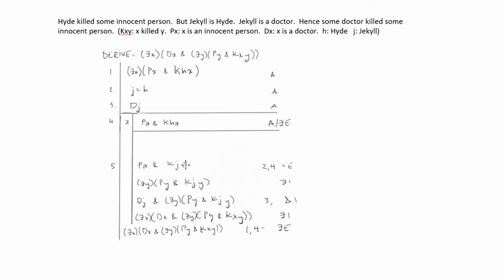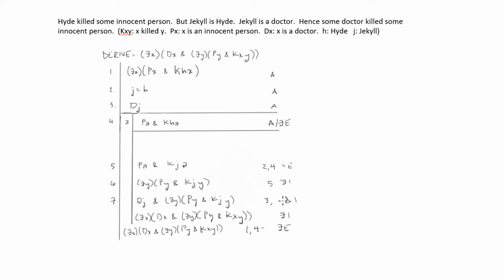So it's pretty much the same as line 4 with one change, changing H to J. I get to do that because line 2 says J is identical with H. So that's an application of identity elimination on lines 2 and 4 together. Then my existential there on line 6 is just existential introduction from line 5.